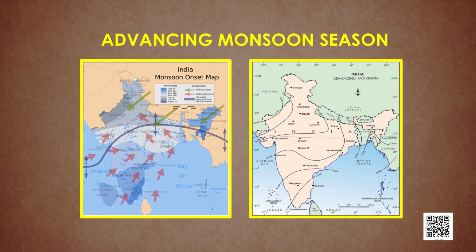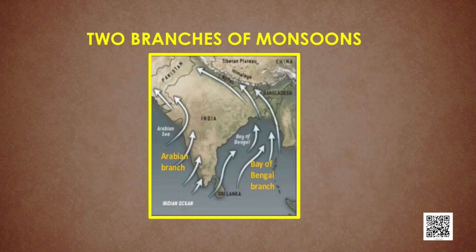So, always remember, when you study the advancing monsoon season, try to see the advancement, and if you go through the maps given in the book, you will see the direction is according to the relief. Each and every part of the country receives rainfall depending on these two branches and the direction of the winds.